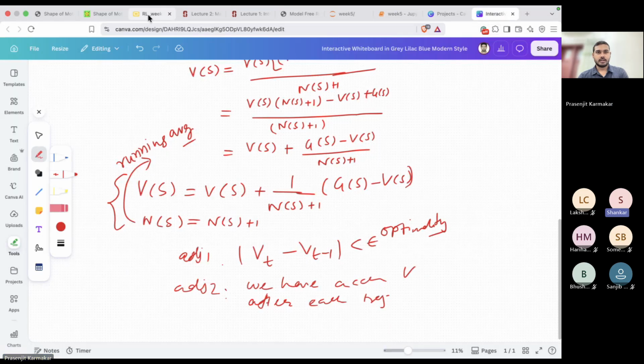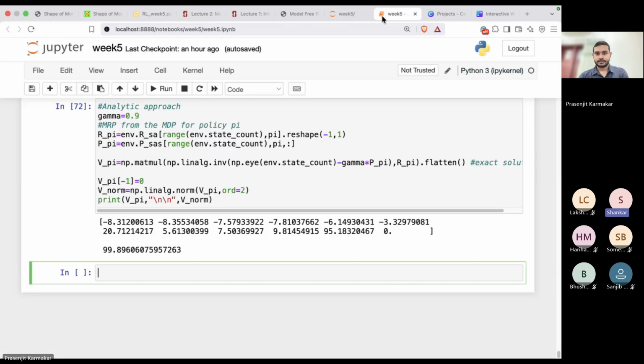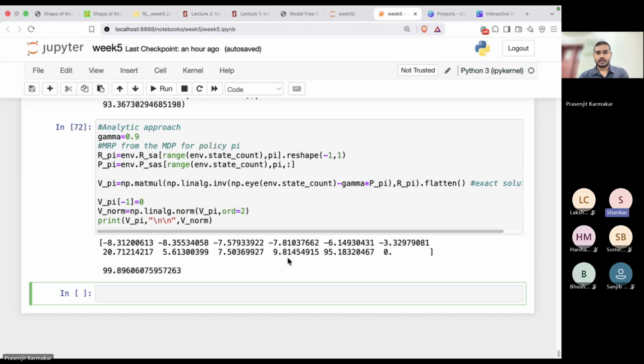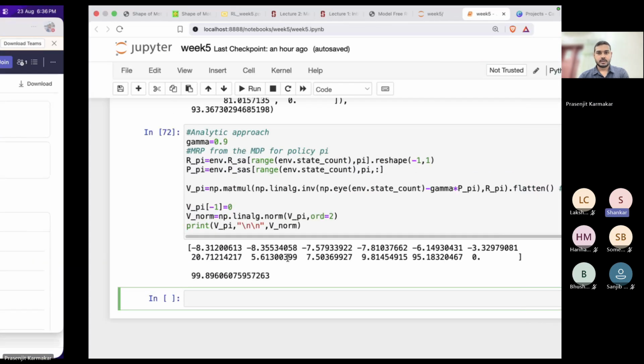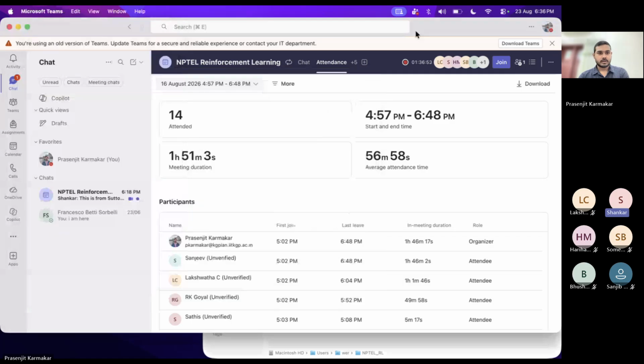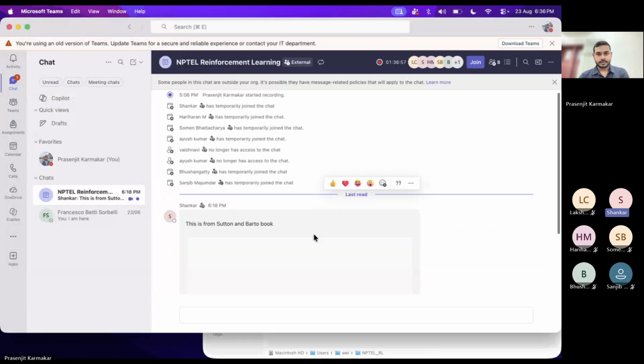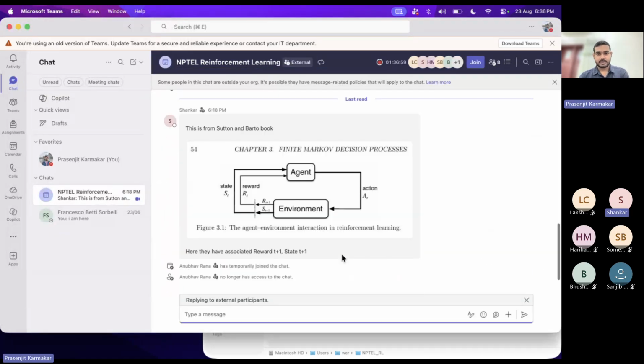Sir, sorry for interrupting once again. I have pinged you in chat one image from the Sutton and Barto book. There, the state S(t+1) and R(t+1) are together. But for the last state, you don't get R(t+1) anymore.